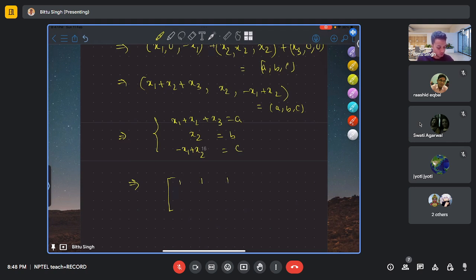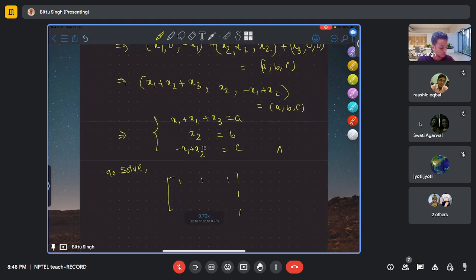So to solve the system, we can use the usual trick. The system can be written as Ax = b. We can write the augmented matrix [A | b], where b is (a, b, c). The rows are 1 1 1 | a, 0 1 0 | b, and -1 1 0 | c.